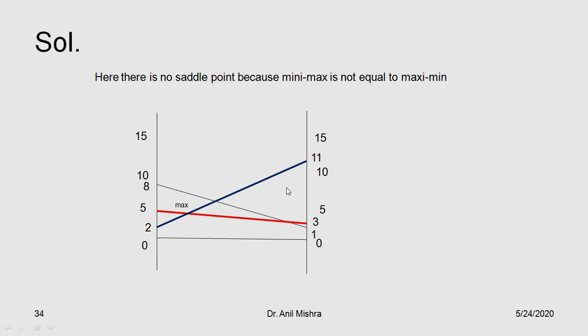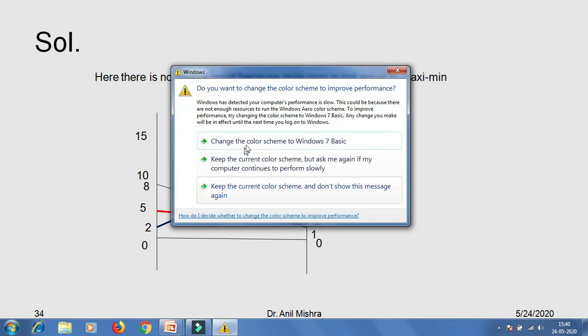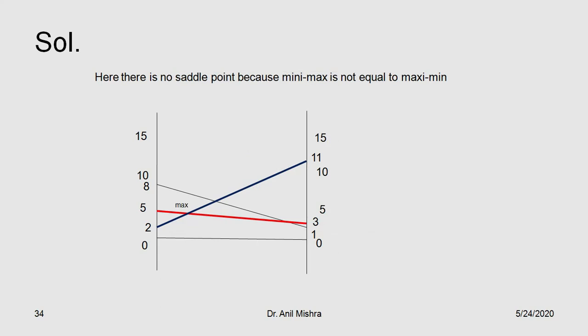As we are interested in the 2 by n matrix, meaning 2 rows and n columns, we have to take into account the bottom side, which is the minimum and then the maximum. If we draw all the lines, then from the bottom part we have to find the maximum. We have to draw the feasible region.